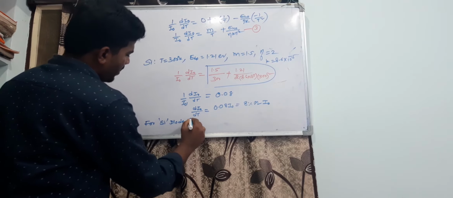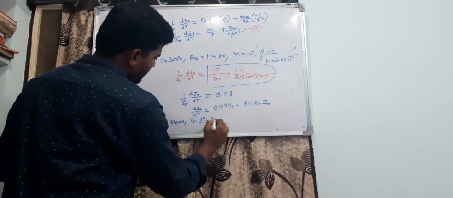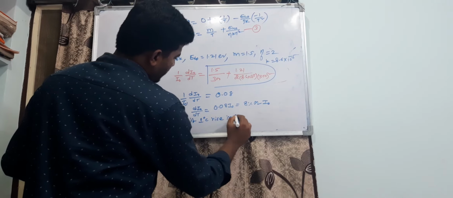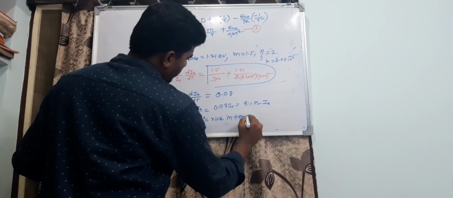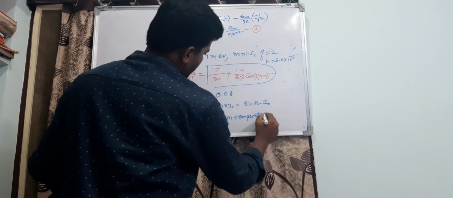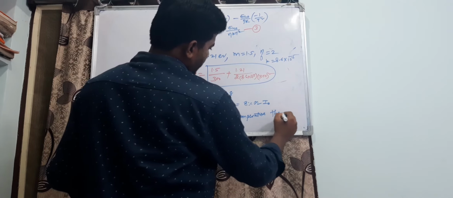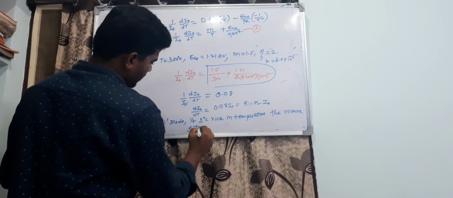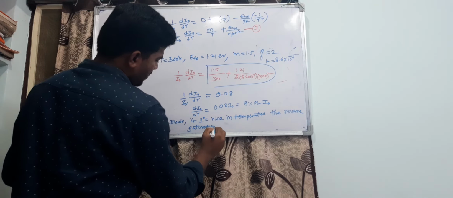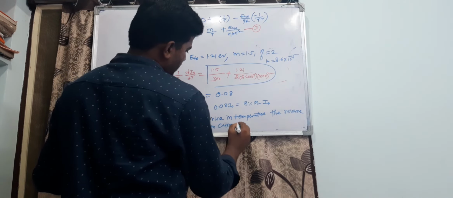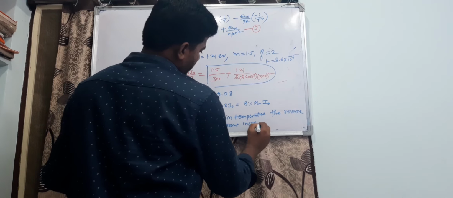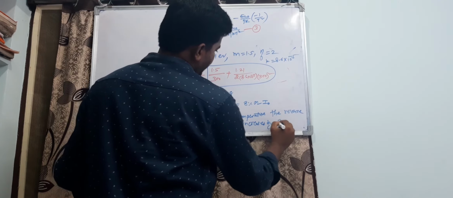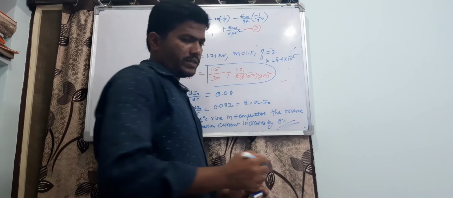So the note point we have to remember is, for silicon diode, if there is 1 degree centigrade rise in temperature, the reverse saturation current increases by 8%.